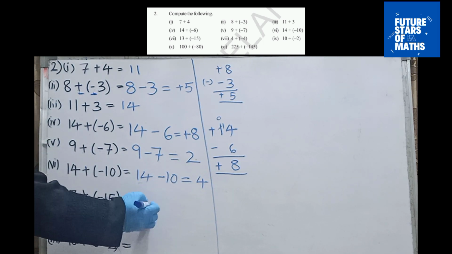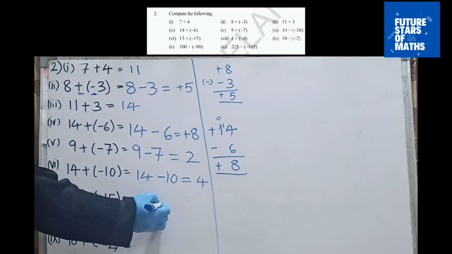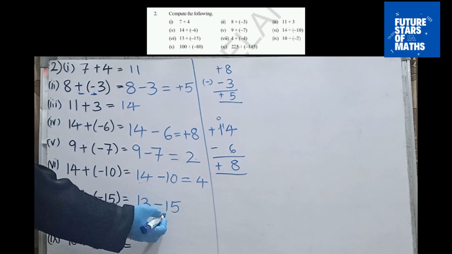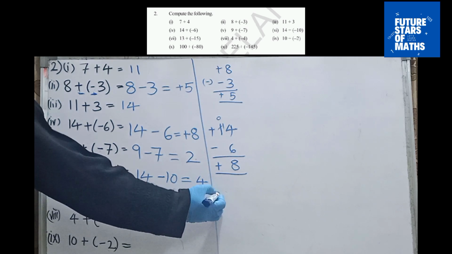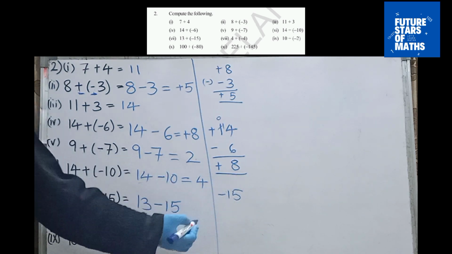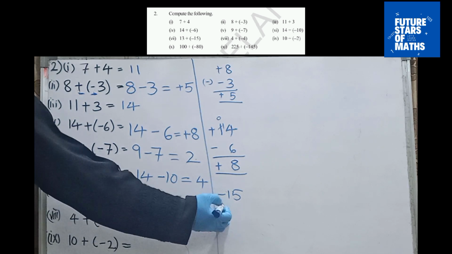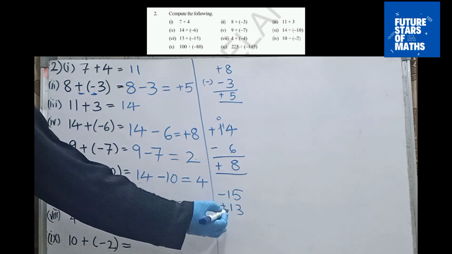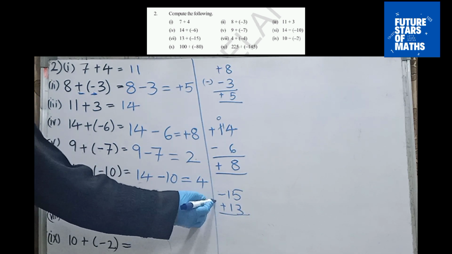Now 13 plus into minus is minus 15. So in this we have to write the big number first along with its sign. Okay, don't forget to write the sign here. Minus 15, then 13. We don't have a sign here. That means we will have a plus here. So minus into plus is minus.